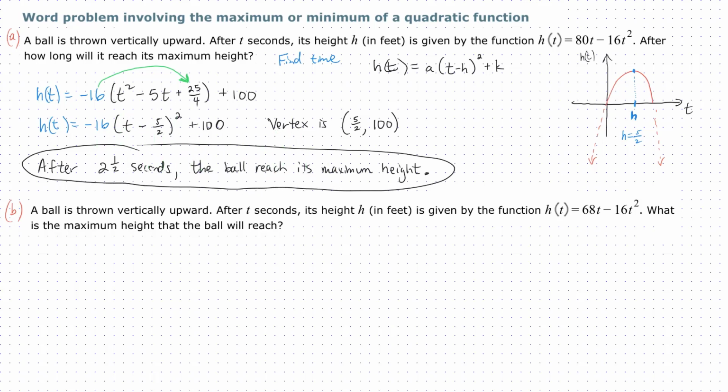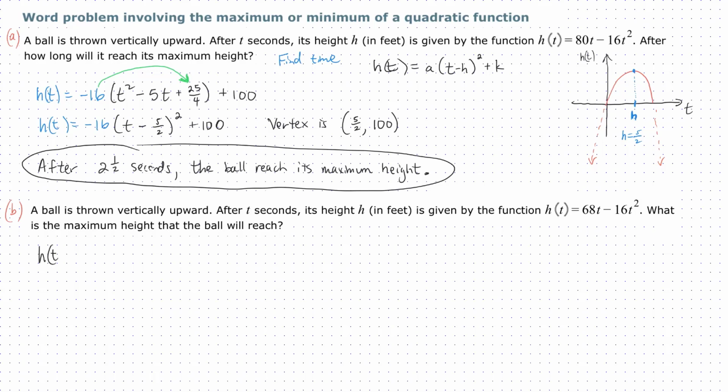We're going to attempt part B in a very similar fashion. This is a different ball in part B. A ball is thrown vertically upward. After t seconds, its height, h in feet, is given by this function. What is the maximum height that the ball will reach? Once again, we're going to complete the square.